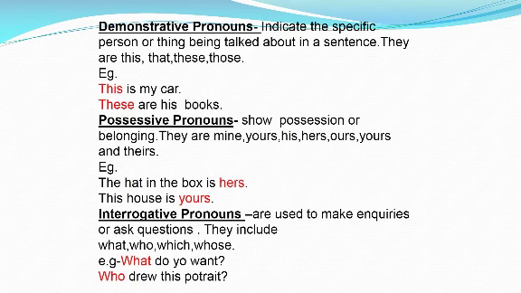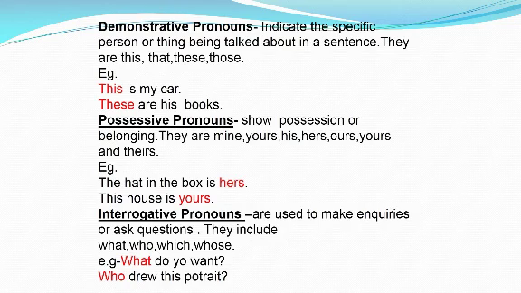This and these are used for things that are near to you, and that and those are used for things that are far from you. For example, this is a car. That means the car is singular and it is near to you. These are his books. These is used for plural. And these books, that means they are near to you.